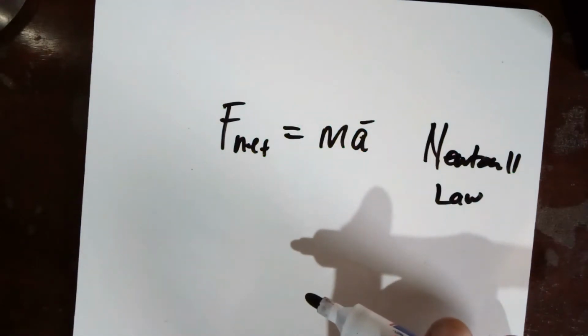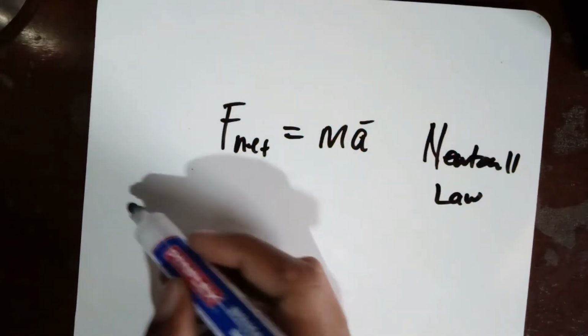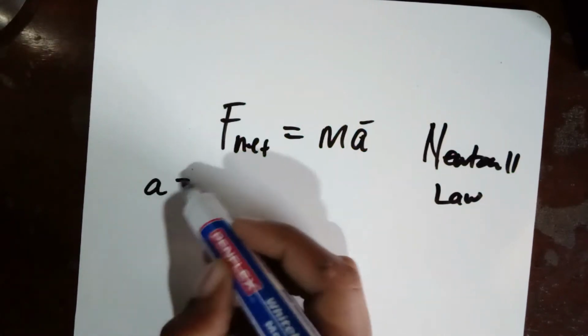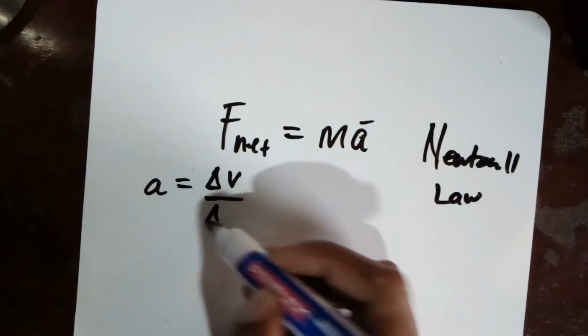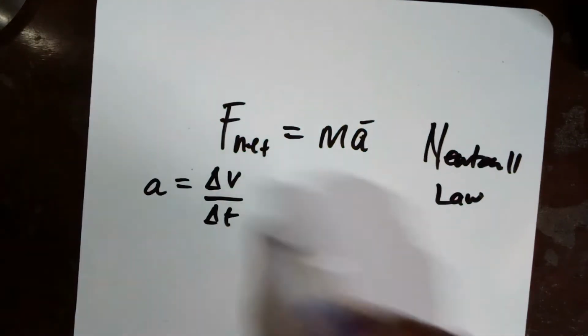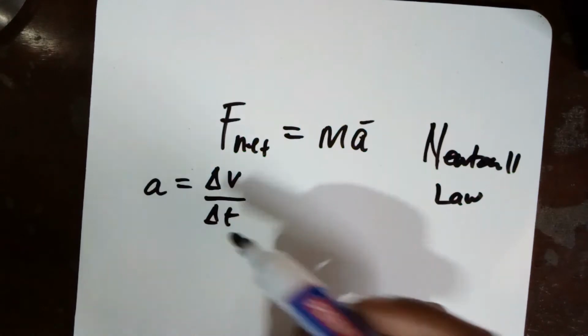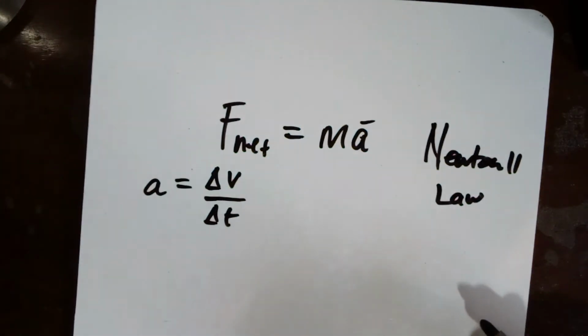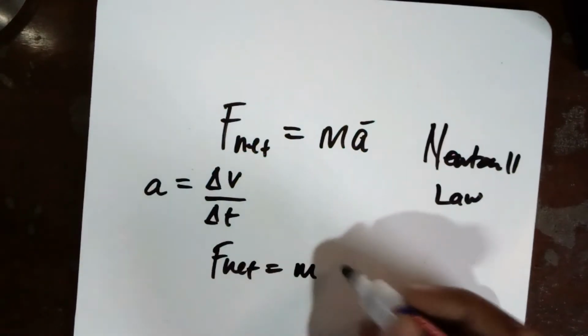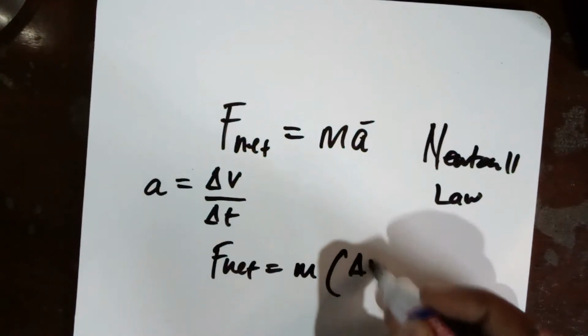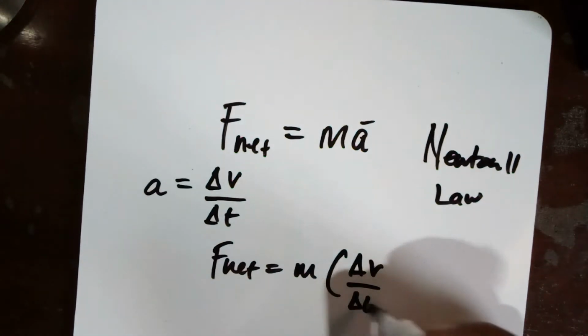We know that acceleration is given by the change in v divided by the change in t, so it's the rate of change of velocity. So F net then becomes m times change in v over change in t.